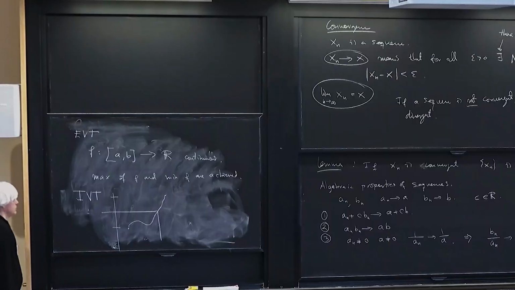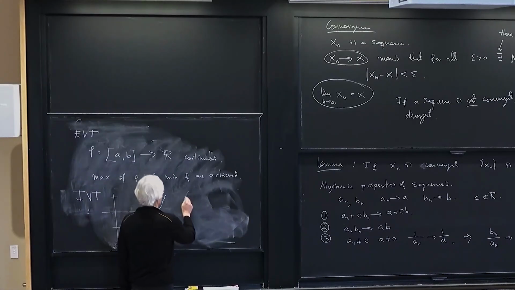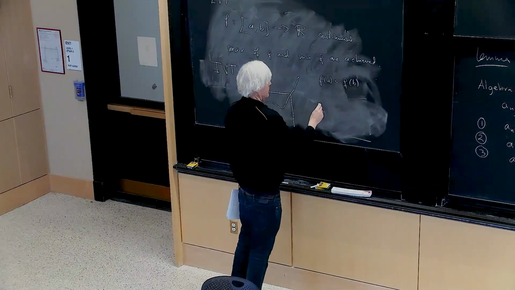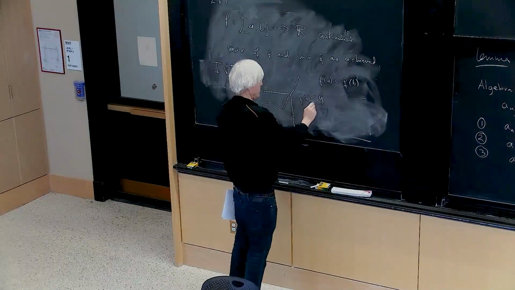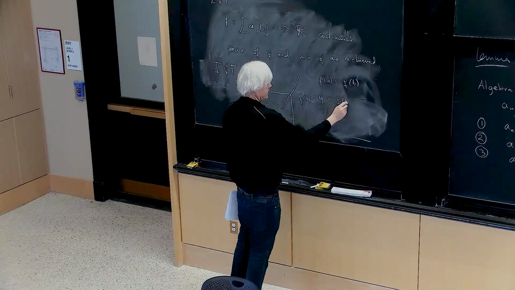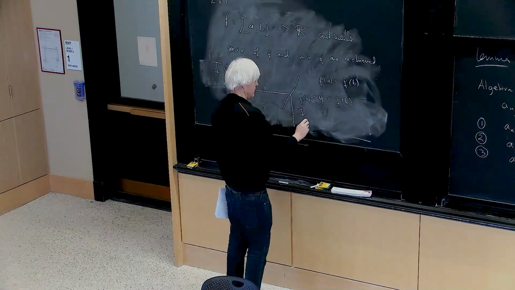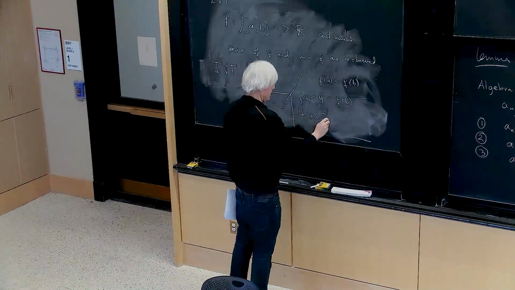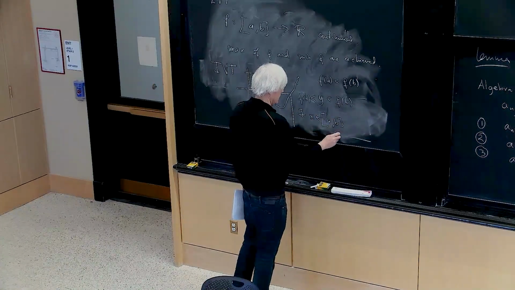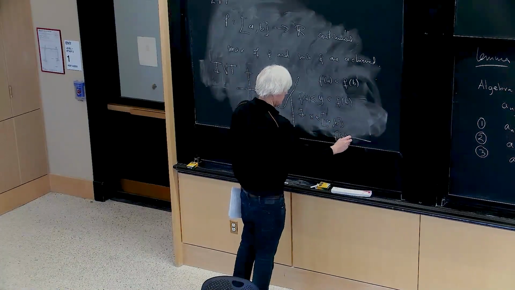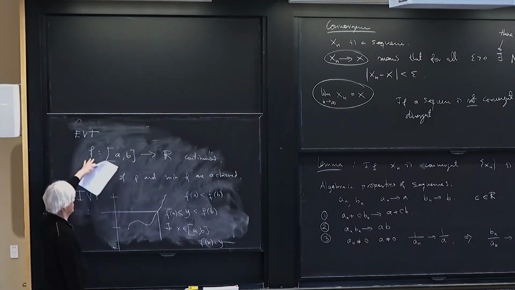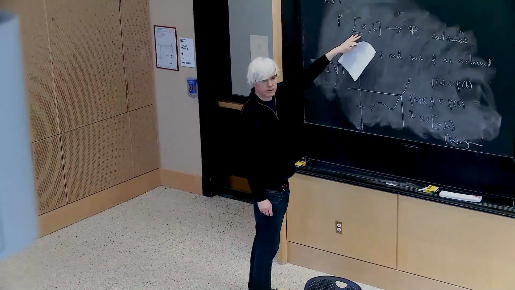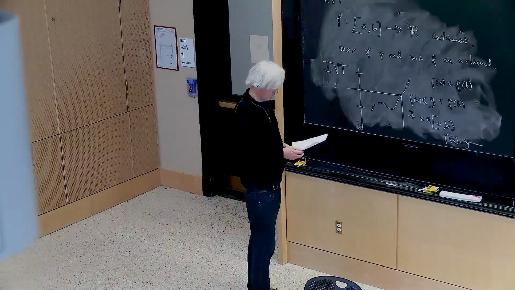So let's say that f(a) is smaller than f(b), and y is between f(a) and f(b), then there exists x between a and b so that f(x) is equal to y. Again, the functions we're talking about are continuous, and they're defined on this closed interval.